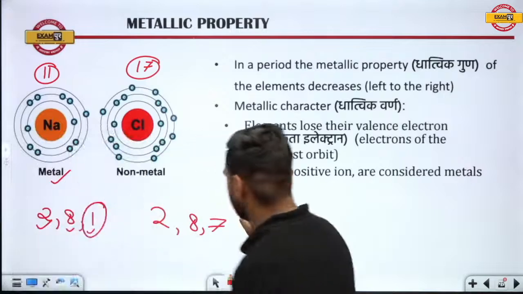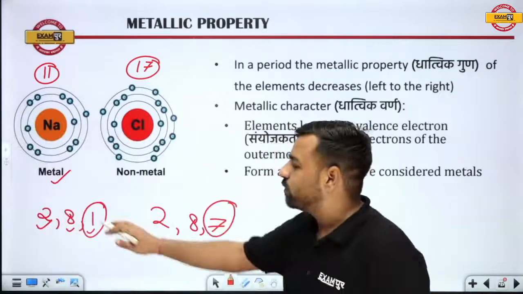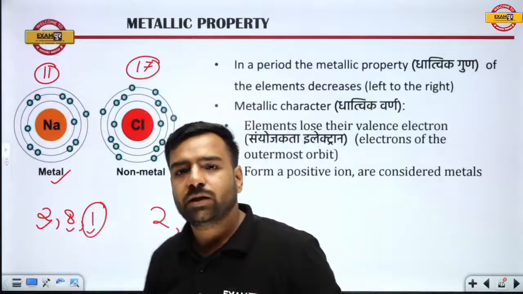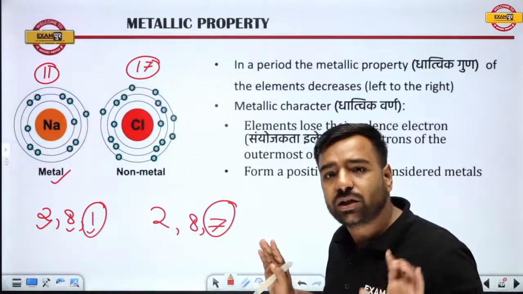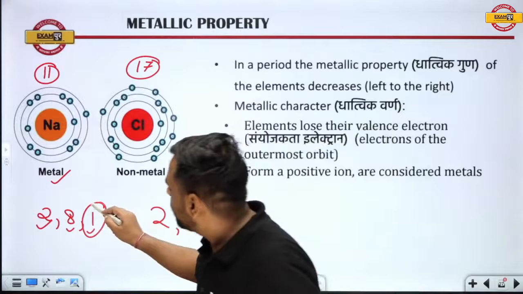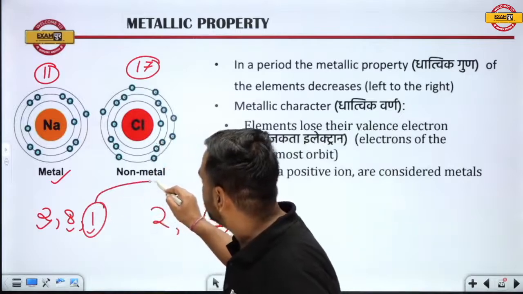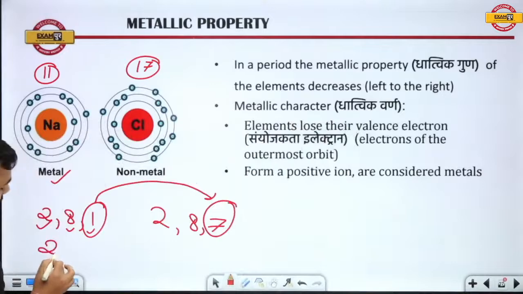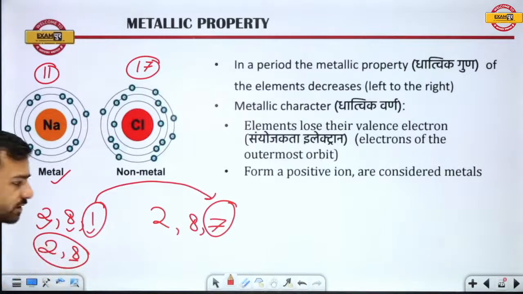Now, just try to have a look. These 7 and this 1. Sodium wants to complete its outermost shell. Chlorine also wants to complete its outermost shell. What can happen? We can easily donate this 1 to this 1. That means here the metal, that is the element sodium, will have 2, 8 electronic configuration, that is, the outermost shell is filled with 8 electrons.